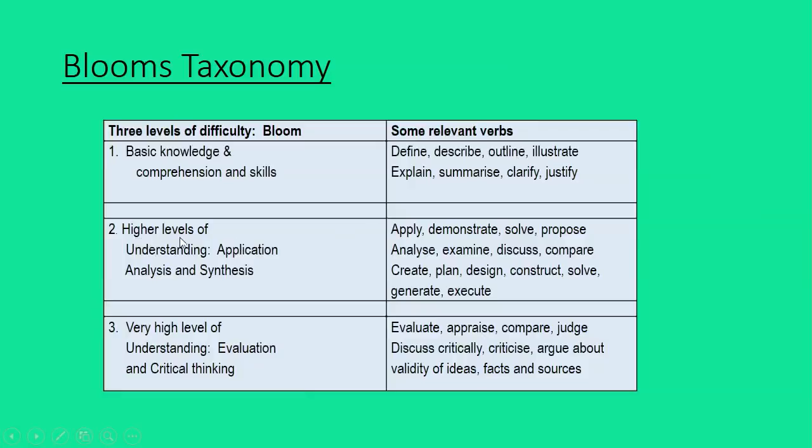For a higher level, these are the verbs: apply, demonstrate, solve. And the third level, the very high level of understanding: evaluate, appraise, compare, judge, discuss critically, criticize. So I have to know the different verbs in order to know the levels of difficulty according to Bloom's taxonomy.